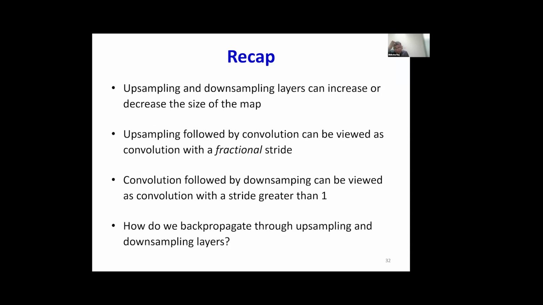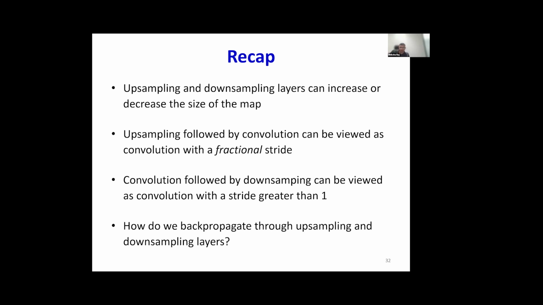And similarly, downsampling always follows convolution or pooling. So convolution followed by downsampling can be viewed as convolution with a stride greater than 1. And similarly, pooling followed by downsampling can be viewed as pooling with a stride greater than 1.